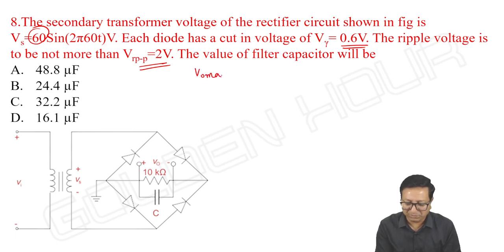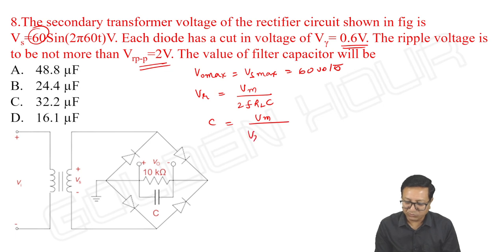V output maximum is equal to V secondary maximum, that is 60 volts, and the peak to peak ripple is equal to Vm by 2FRL into C. So C is equal to Vm by Vr into 2F into RL.